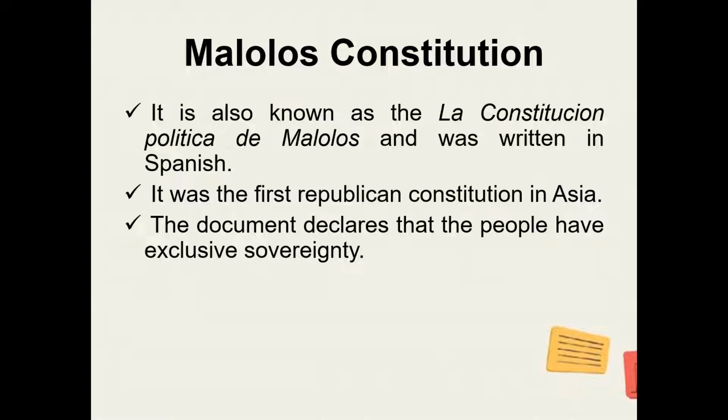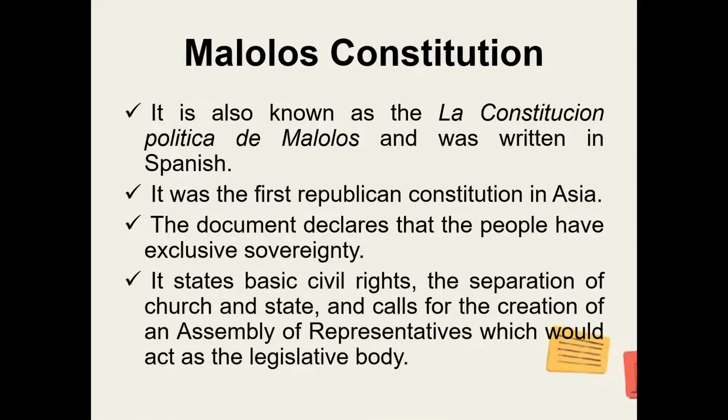So the document declares that the people have exclusive sovereignty. Again, it is a government of the people. It states basic civil rights, the separation of church and state. So these rights are in the Malolos Constitution, although they were written in Spanish, and it calls for the creation of an assembly of representatives which would act as legislative body.